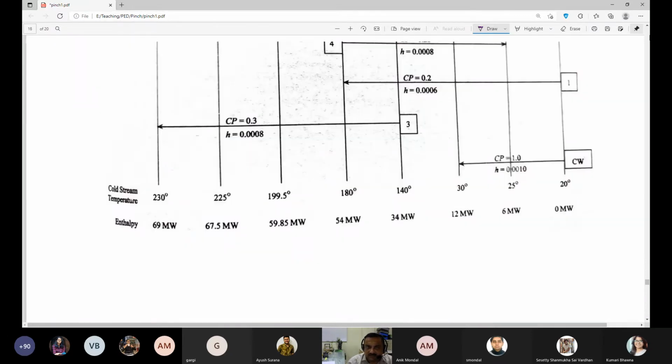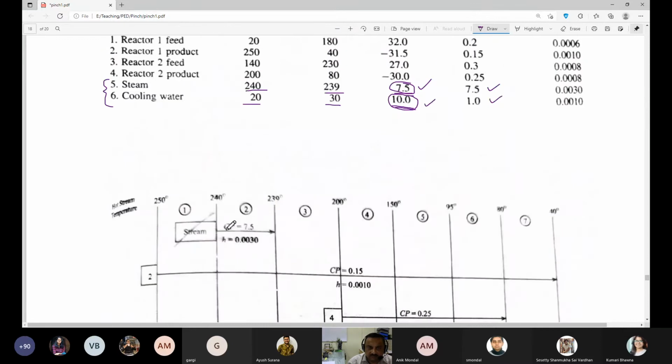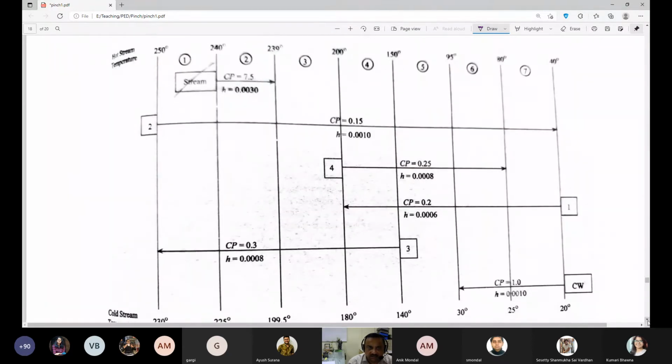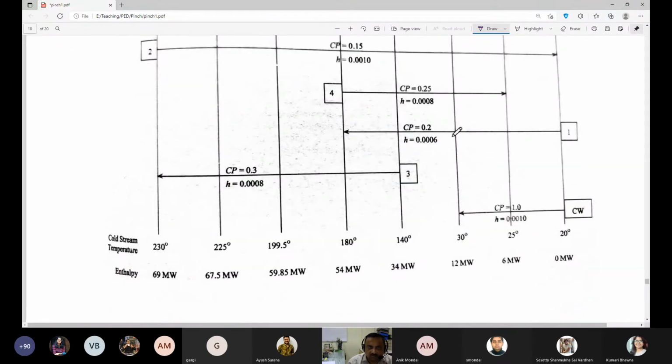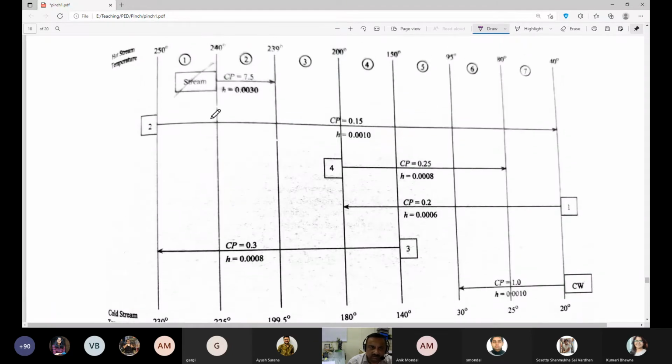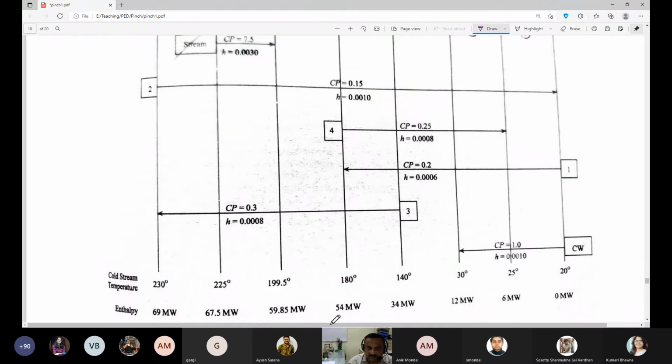Okay. So how do we get this? We take these segments, 1, 2, 3, 4, 5, 6, 7. So I take this segment, for example. In this segment, I have one hot stream with CP value 0.15, that is coming down from 250 to 240, and one cold stream going from 225 to 230.